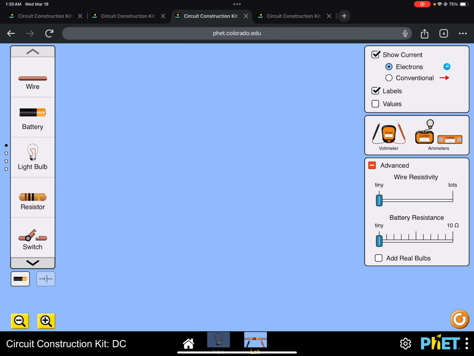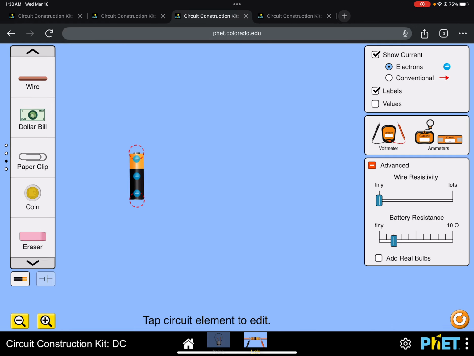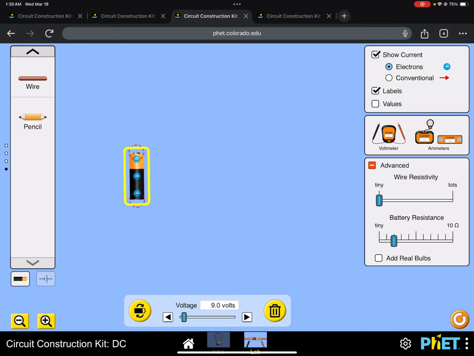Yes, the advanced features. Okay, so now we're going to have that 10 ohm internal resistance. That's pretty bad. All right, so here now I have a real battery. Okay, let's test this.